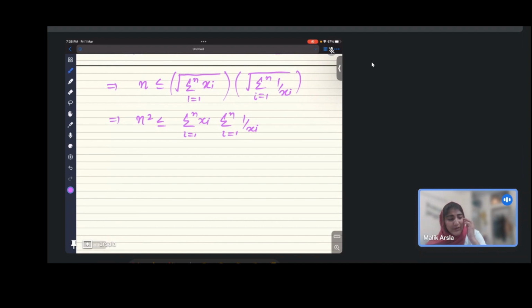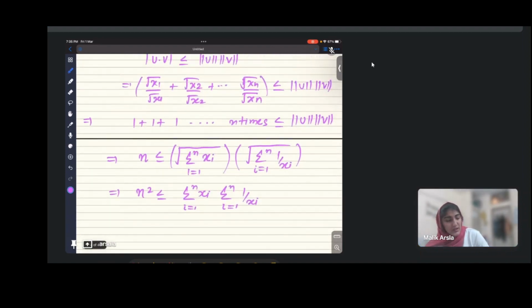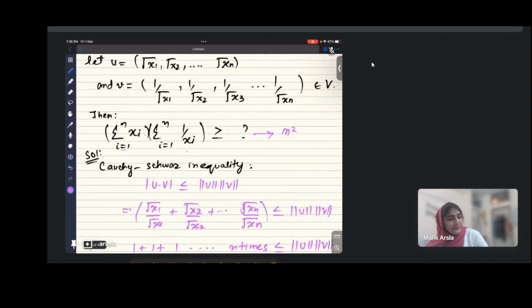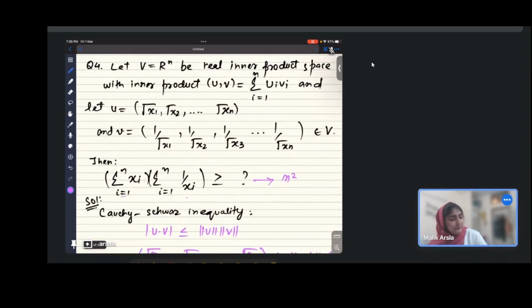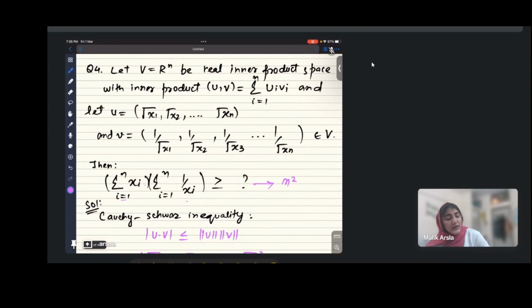We can do it in another way also. Here, u has been given as under root x1, under root x2, and so on, and under root xn, and similarly, v has been given as 1 upon under root of x1, 1 upon under root x2, 1 upon under root x3, and so on.